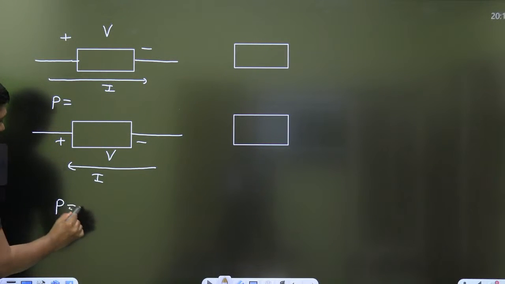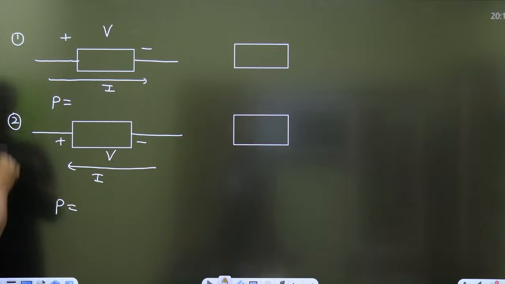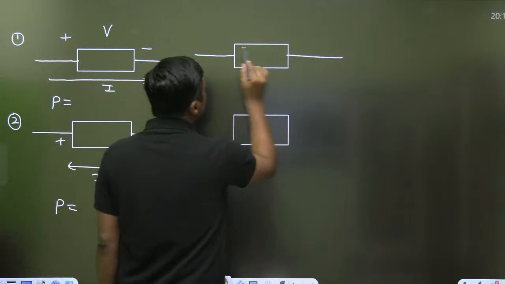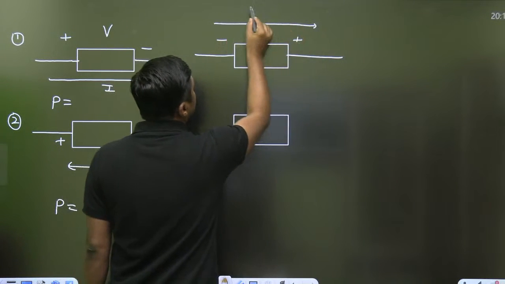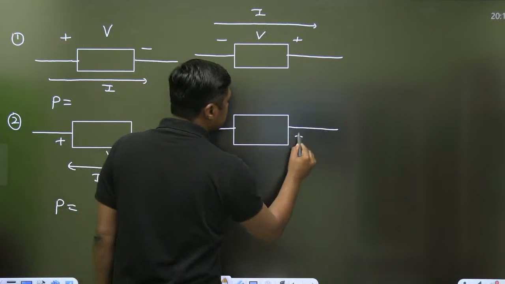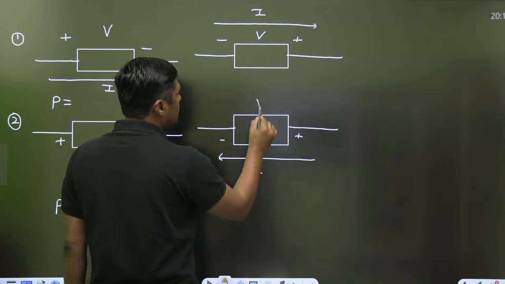Then what about the power? Delivered or absorbed? This is the first case, second case, third case. This is the plus, this is the minus, this is the direction of current I and that is the V. And the fourth case, that is the I, this is the V.